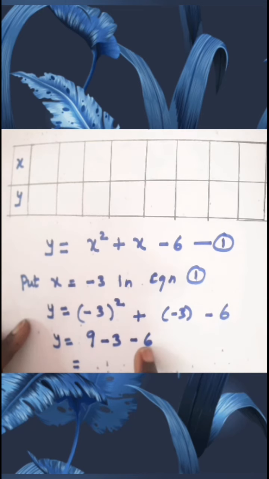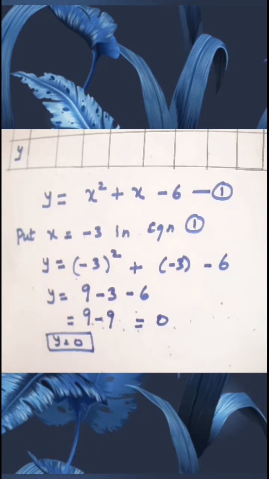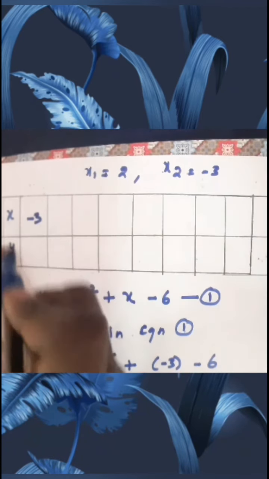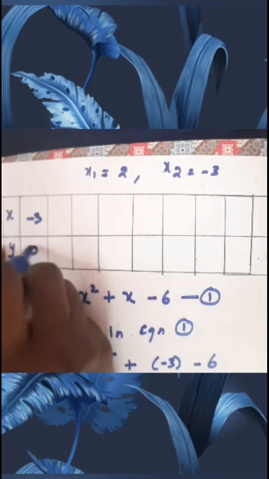Minus 3 minus 6 will give you minus 9. 9 minus 9, which is equal to 0. So when x is negative 3, your y is 0. So I can write it here.